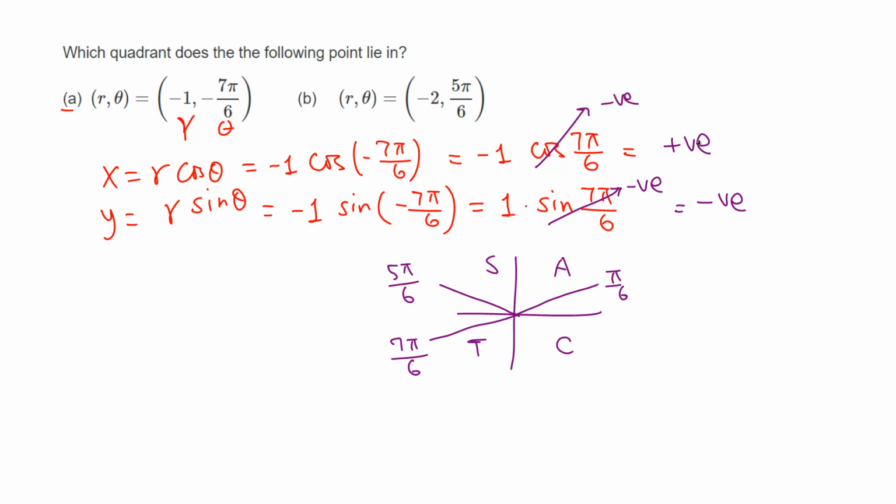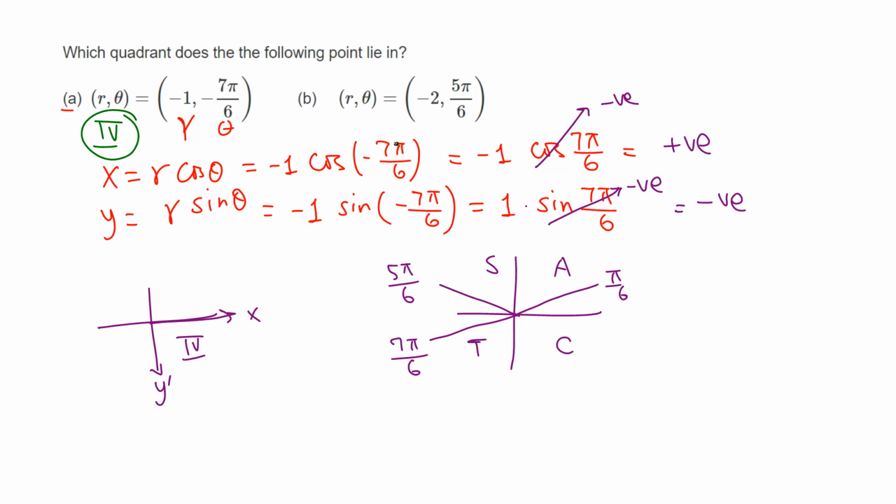So x is positive and y is negative. Which quadrant? That's the fourth, because x is positive and y is negative. It's down. So this is in the fourth quadrant. So we can say this answer is in the fourth quadrant.